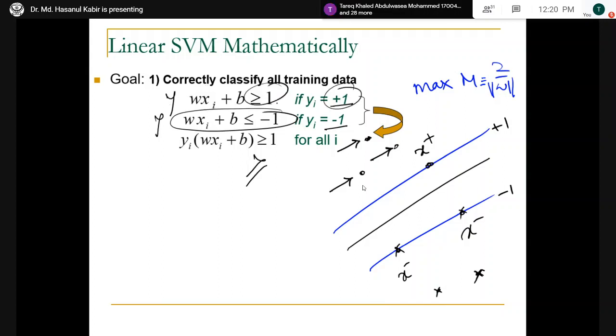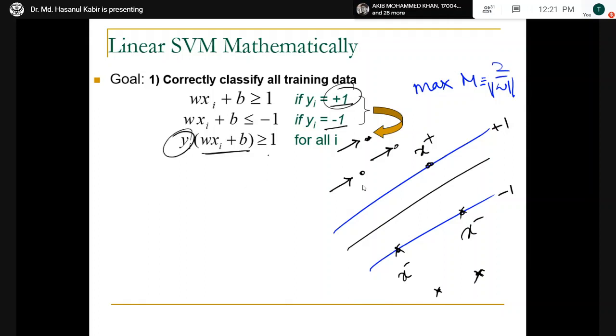So if we multiply the function response with yi, the class label, you see that for both classes the condition becomes greater than or equal to 1.